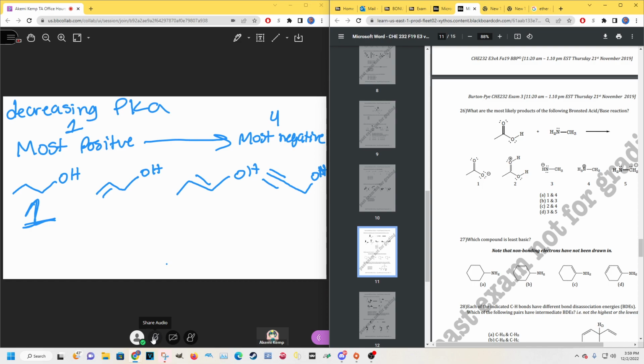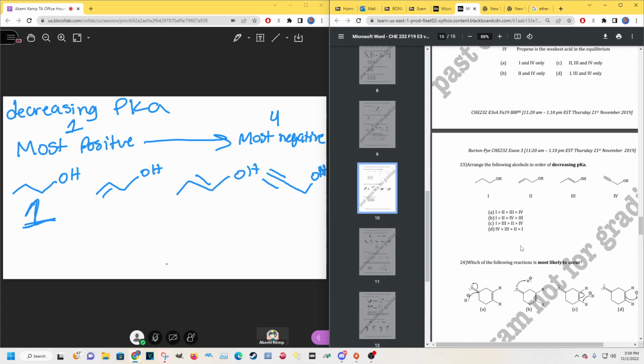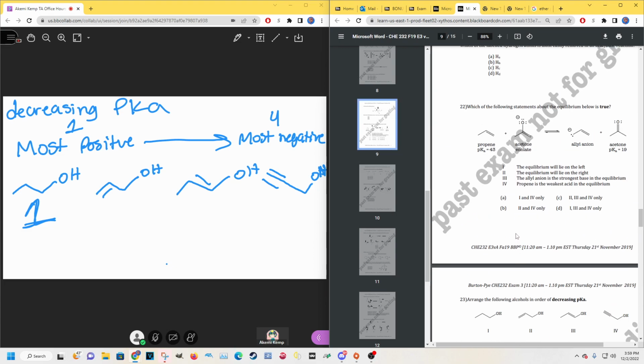So now let's look at the other ones. You have this OH with just the double bond, the OH with the double bond in between, and then the OH here with a triple bond. So which one could rank as 2? I think the OH with a double bond.